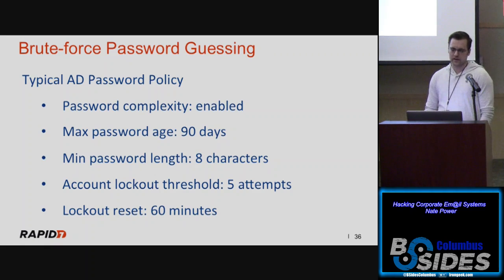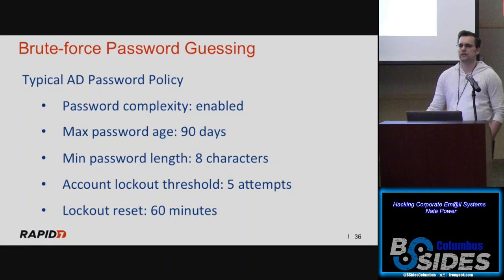But even just looking at this policy here, I can actually do 96 password guesses per account without locking an account out every day. Because it'd be four password guesses every hour, then the reset timer would get reset. Then I could do 4 more. Something to think about.